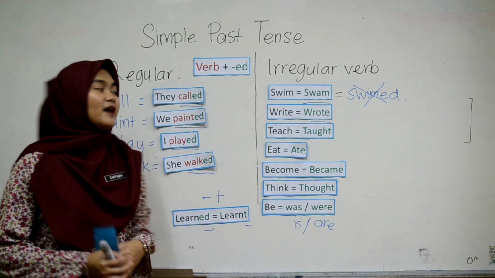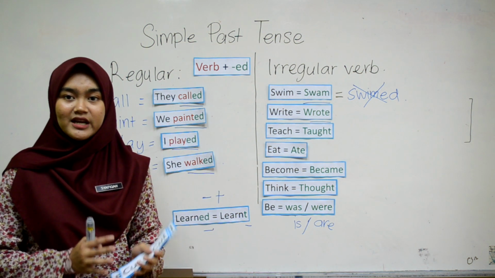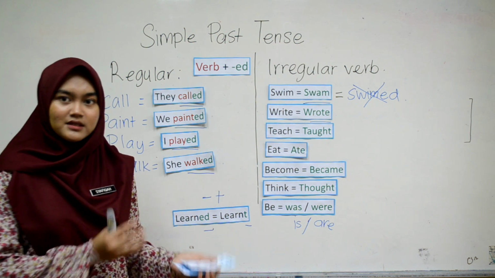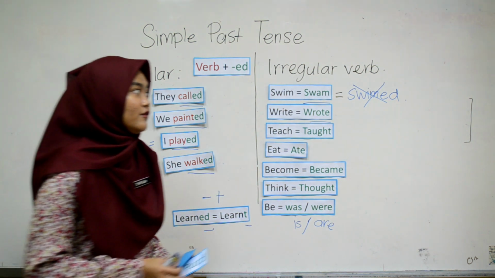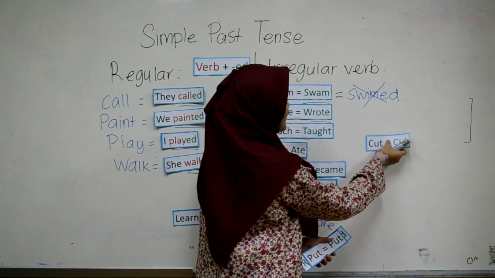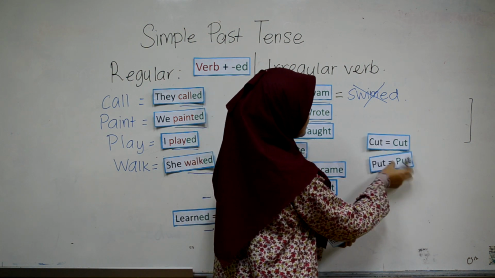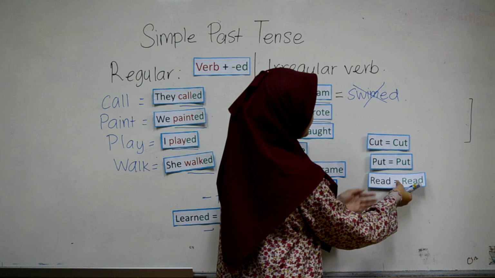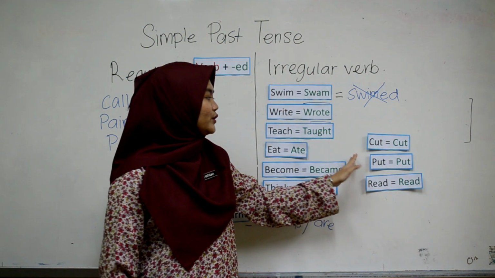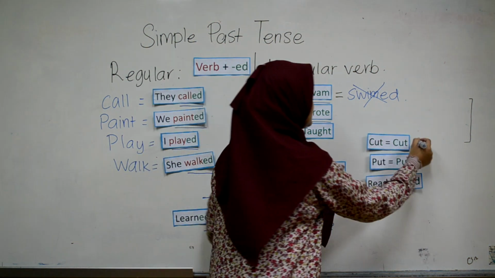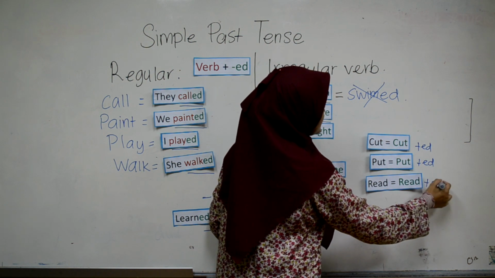Okay students, moving on, after regular and irregular verbs, we also have verbs which do not change their form from the root word to the past tense form. For example, cut, put, read. You cannot put cut plus ed, put plus ed, or read plus ed.